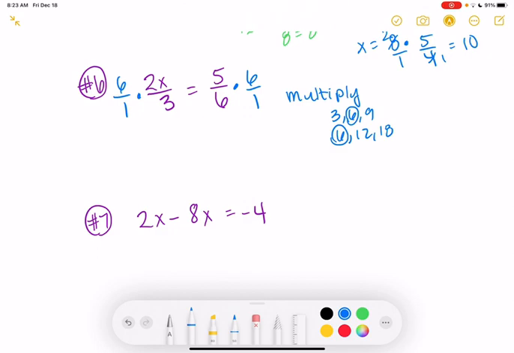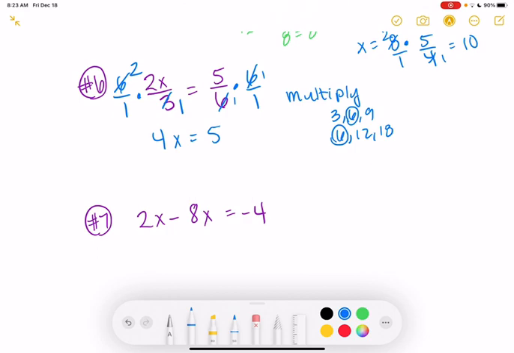So the 6/3, I can rewrite that as 2/1. The 6/6 is really just 1. So now on the left, I have 2 times 2x is 4x equals, all I have over here is a 5, right? Because there's 5 times 1 all over 1.